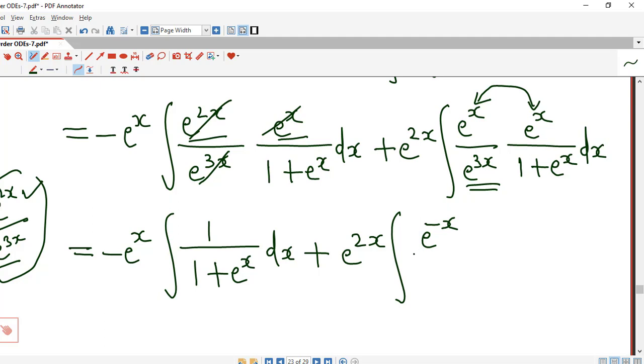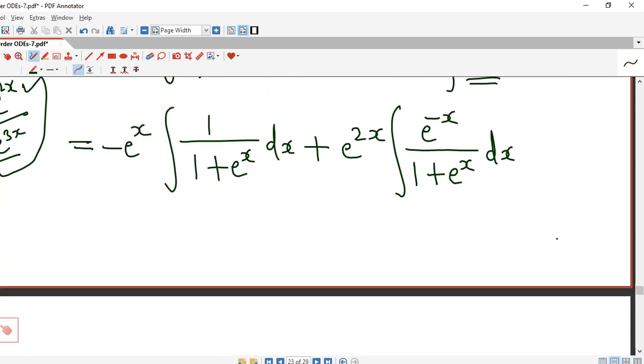So that is e raised to minus x over 1 plus e raised to x dx. Now how to integrate this? To integrate this, the first one is as it is.